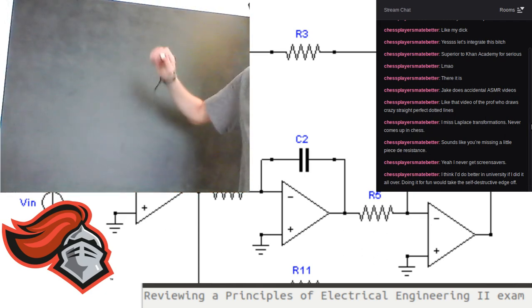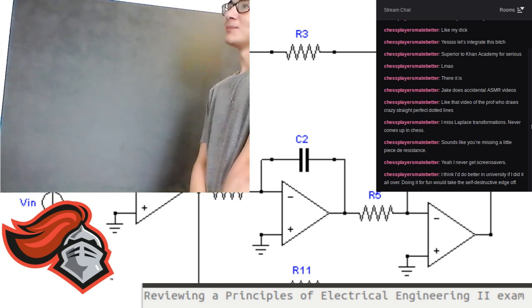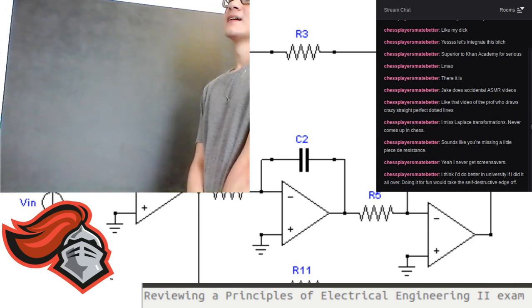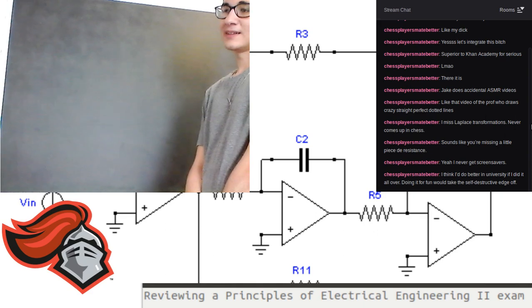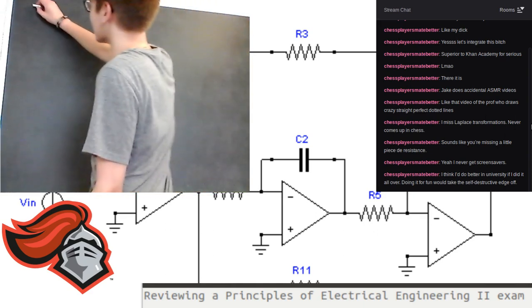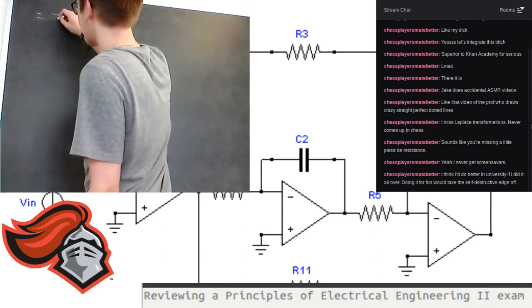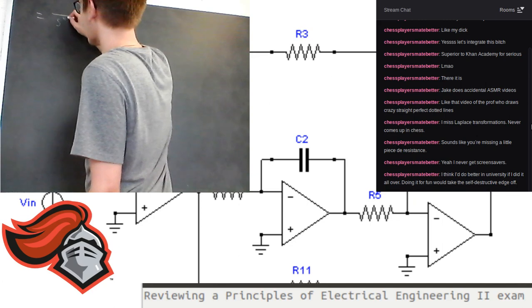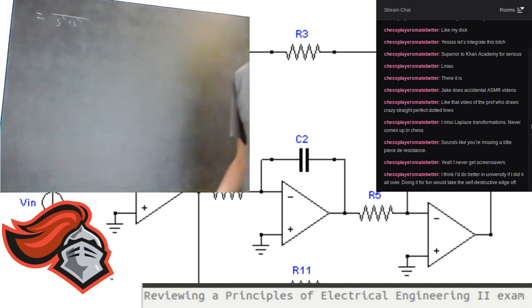Anyway, with that motivational speech out of the way, I'm trying to remember number 3. I believe he gave us a fraction, and then we had to find the expansion of it. In the denominator, I remember it was s to the 4th plus s squared. I don't remember what was in the numerator.